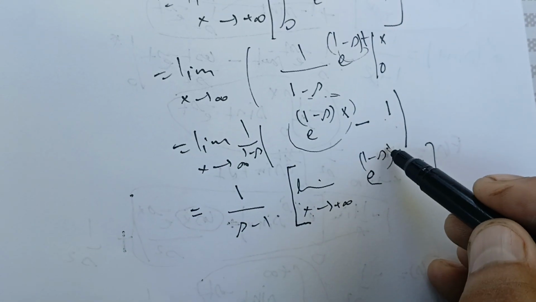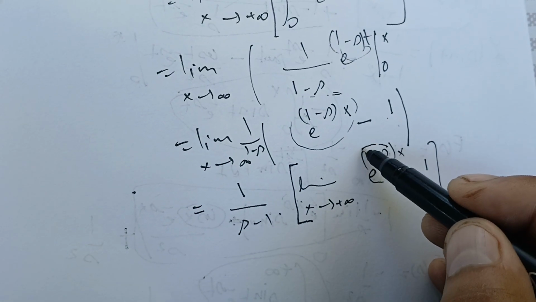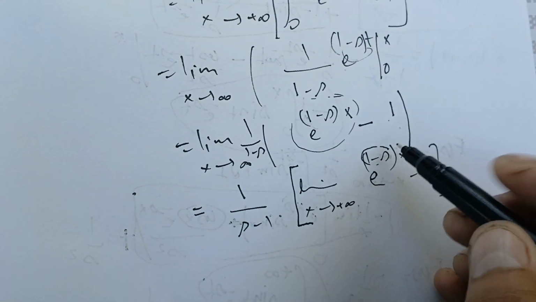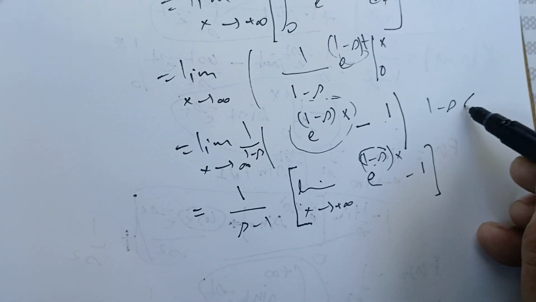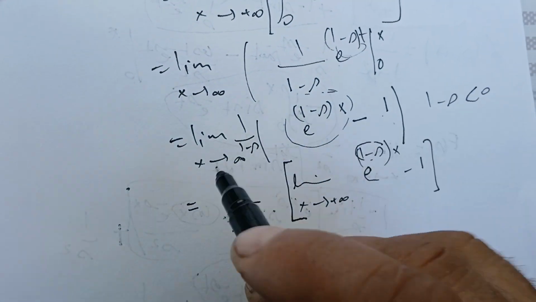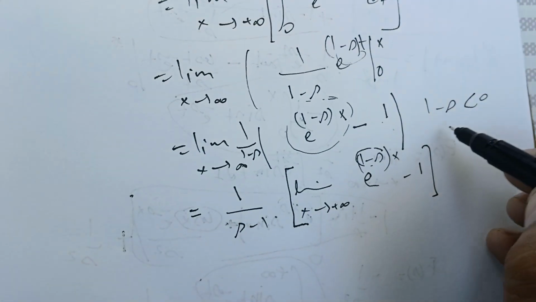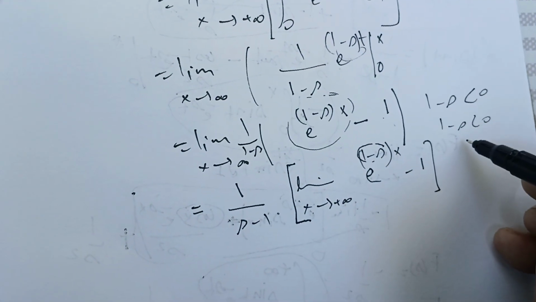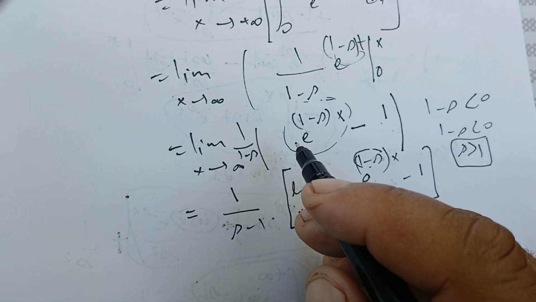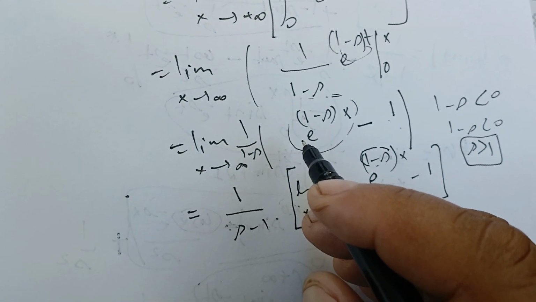We need to see that this depends on the value of 1 minus s. So we need to have 1 minus s less than 0 to make sure that we get this limit going to 0. Doing so, we have 1 minus s less than 0. That means s is bigger than 1. Okay, so we impose this condition here.